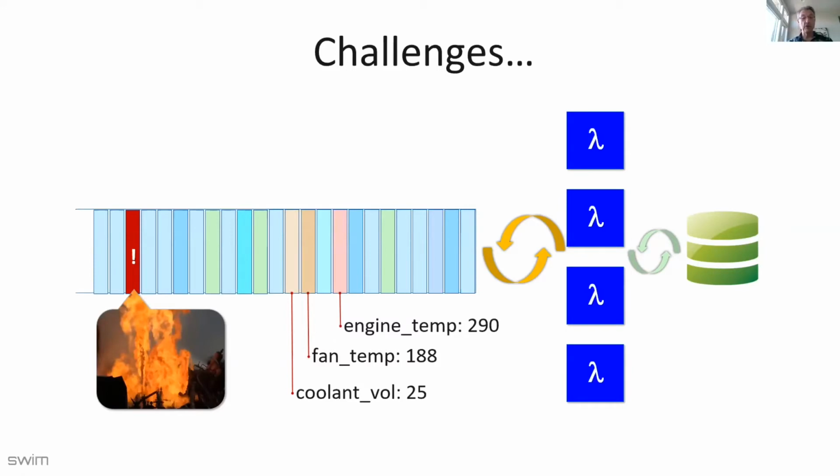Okay, so for example, if the engine temperature and the fan temperature being high and the coolant volume being low indicated a good chance of something blowing up, that would have been useful to know, and I could have done something about it. But I don't have a way to do that sort of analysis. Okay, and a simple stateless microservice, which has to hit a database to figure all that out, yeah, whatever.